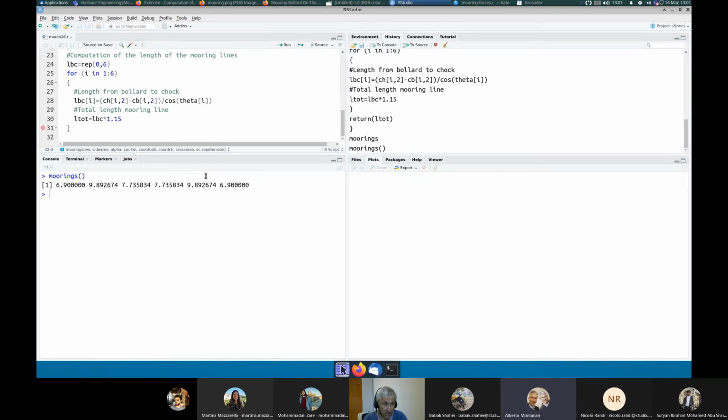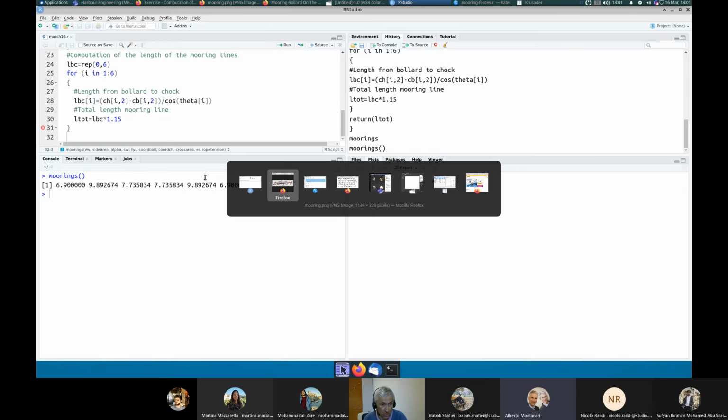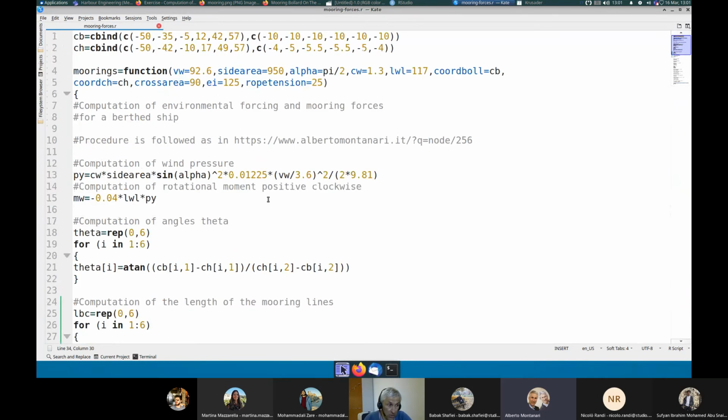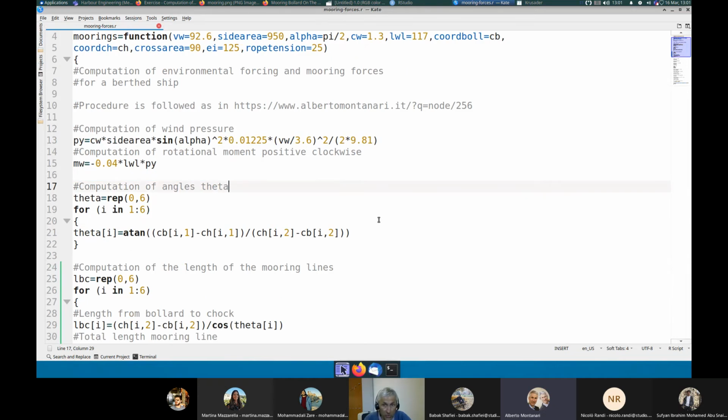And let's go back to the code that I have to cut and paste. And look, this code is moving forward in a unique solution, because the wind forcing was already computed. It's here. The first question is already there. Okay, good. Now it's moving forward to the computation of the mooring forces.